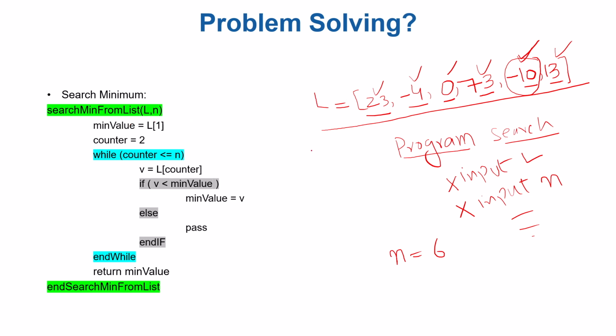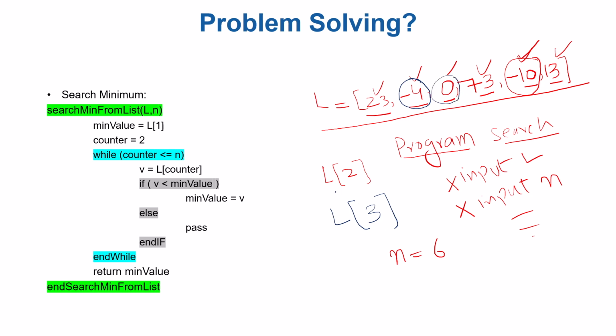Then one more convention is that, let's say L of 2 represents the second element in the list. In this particular case, L of 2 is basically the second element in the list, which is minus 4. L of, let's say, 3 is the third element in this list, which is 0, and so on.